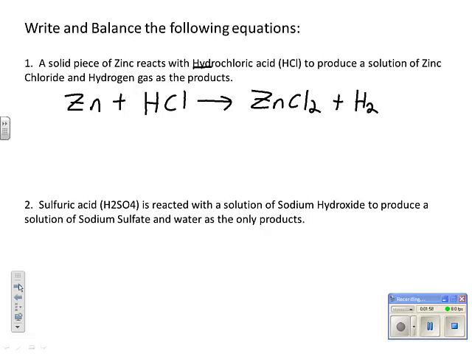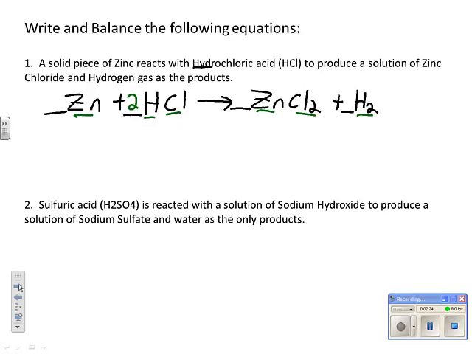Remember, hydrogen gas is a diatomic, so you had to know that. And when you start doing these, you'll start leaving some spaces so that you can balance your equation. So let's balance it. One zinc, we're good. One chlorine, 2 chlorines, we got to add 2 right here. 2 hydrogens, we're good to go. That one was easy.